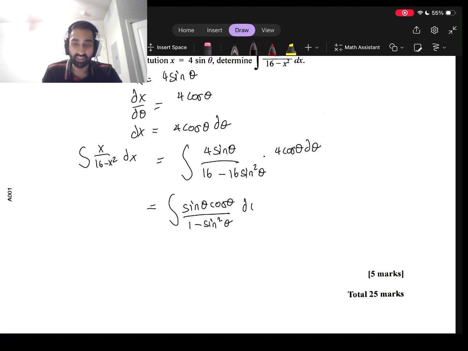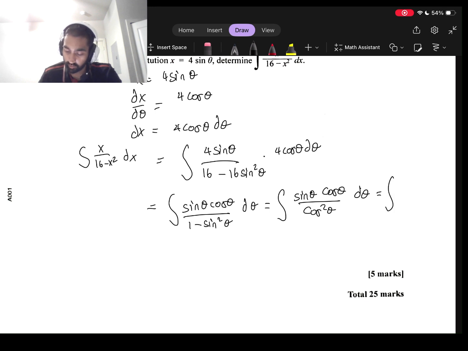But 1 minus sine squared theta is cosine squared theta, so it's the integral of sine theta cosine theta over cos squared theta d theta. And then I could cancel one of the coses, so it'll be the integral of sine theta over cosine theta d theta, which is the integral of tan.